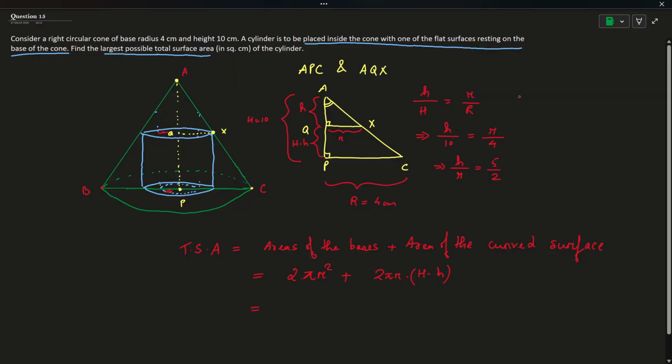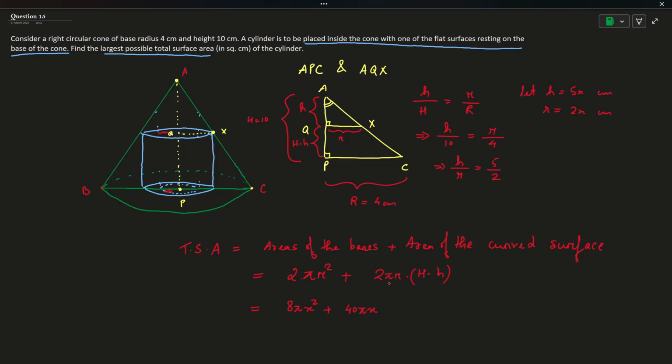From here, let me say that h is equal to 5x centimeter, r is equal to 2x centimeter. I can write this. So 2 pi r square, what is r square? 4x square. So it will become 8 pi x square plus capital H is 10. So 2 into 10 is 20, 20 into r is 40, 40 pi x, right?